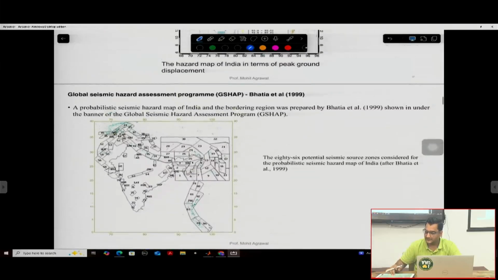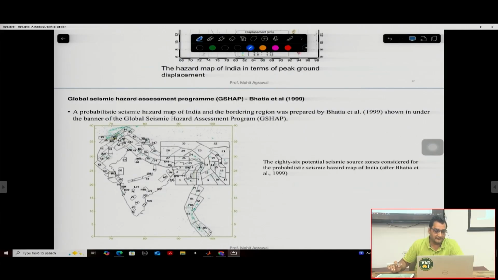This was the GSHAP, which is quite important to discuss. The Global Seismic Hazard Assessment Program, where Bhatia et al. in 1999 divided the entire Indian zone into potential seismic source zones.